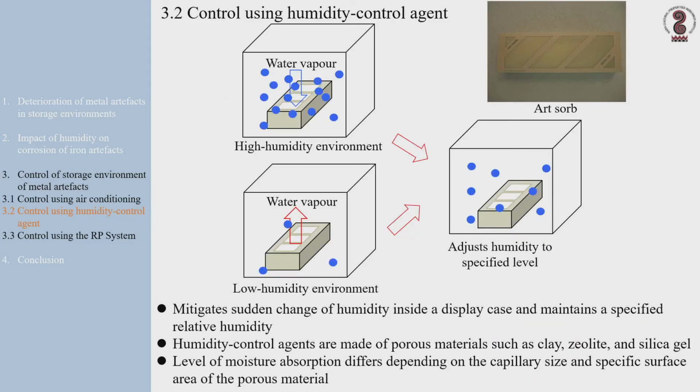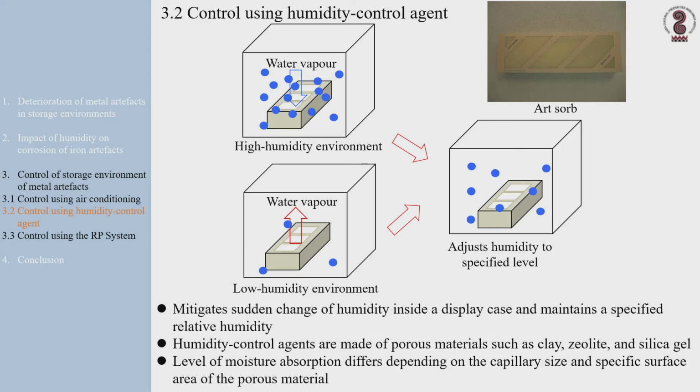Next is the method using humidity control agents. This method is used to control environments inside display cases at museums. Humidity control agents are made of porous materials such as clay, zeolite, and silica gel. These agents mitigate sudden change of humidity inside display cases and maintain a specified relative humidity.